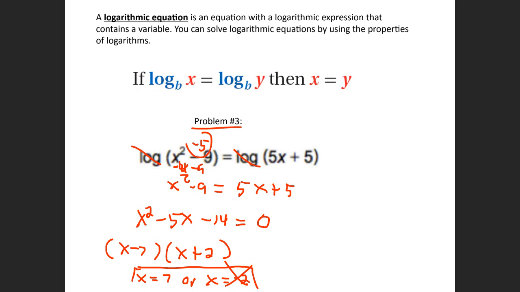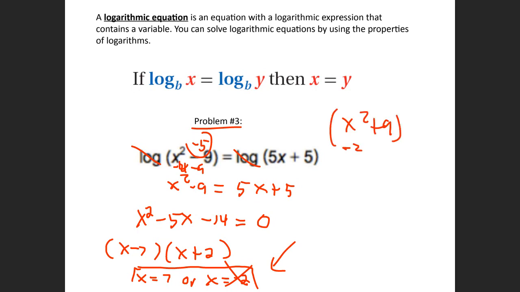Now, would I mark it wrong if somebody gave me this as an answer, x equals 7 or x equals negative 2? I wouldn't mark it wrong. They did all the work correctly. But you just have to remember that you can't. Now, you could have a negative for an answer. Okay. So for example, let's say this was x squared plus 9. Okay.